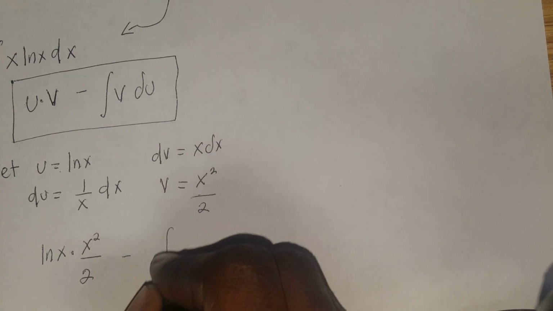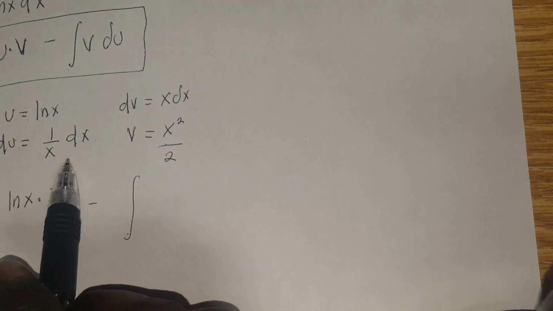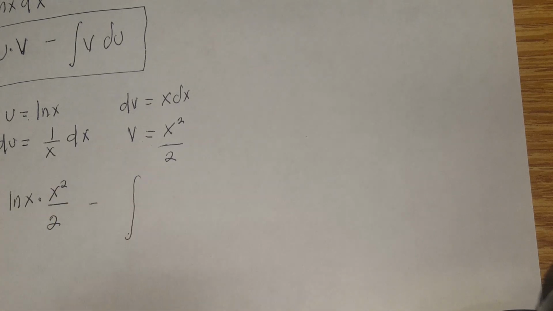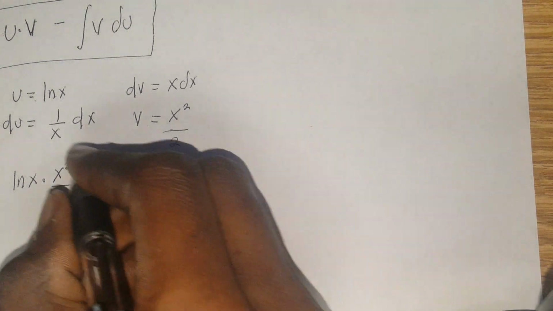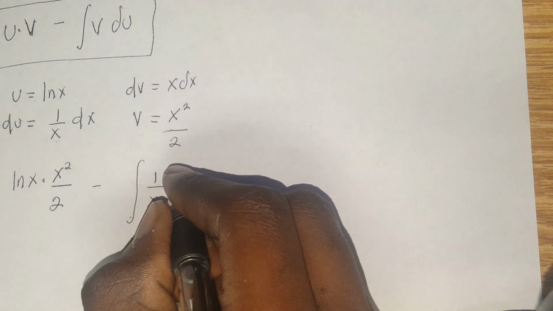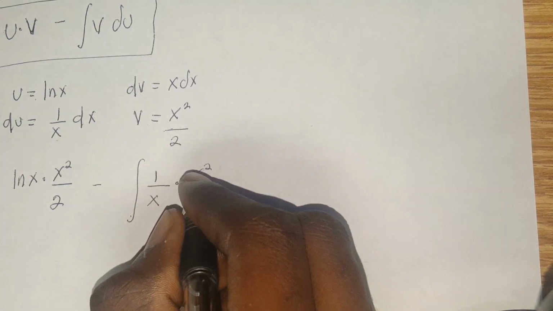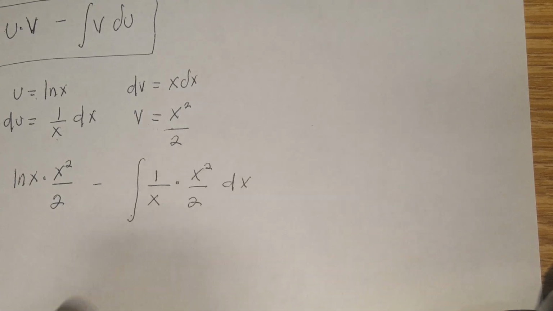minus, we have the integral sign, we bring it, then we multiply our du by v. So we have this is 1 over x multiplied by x squared over 2 dx.